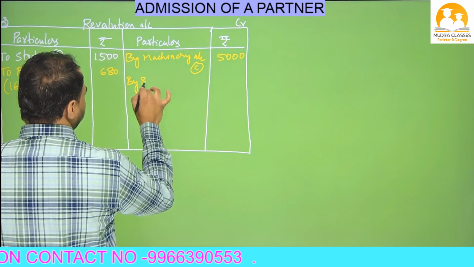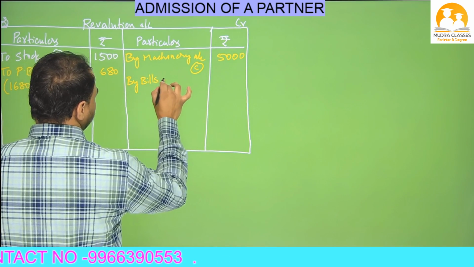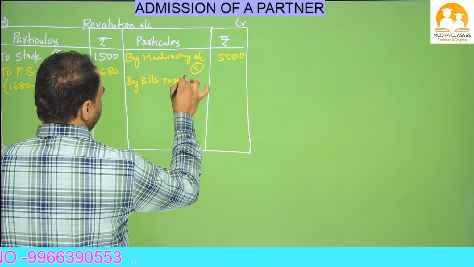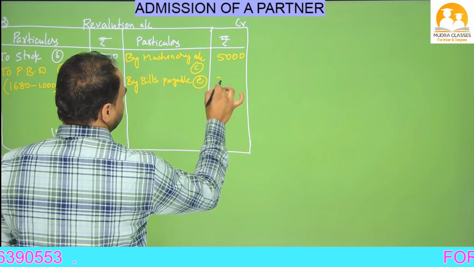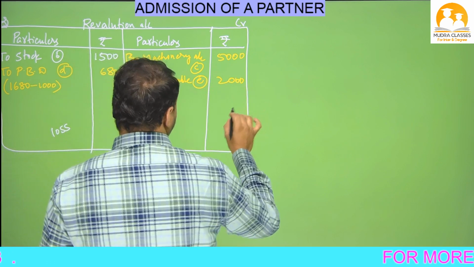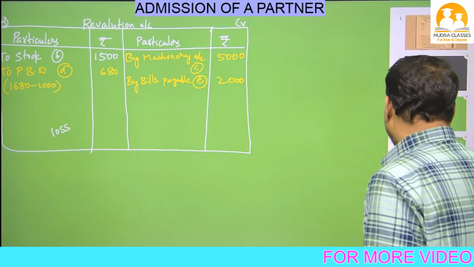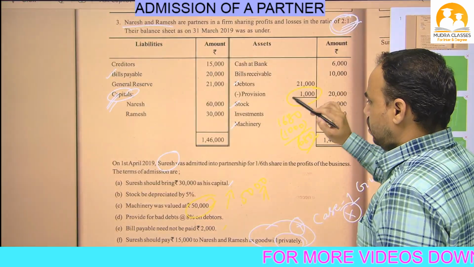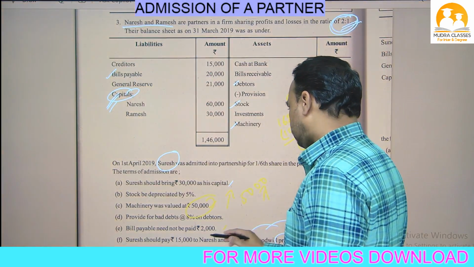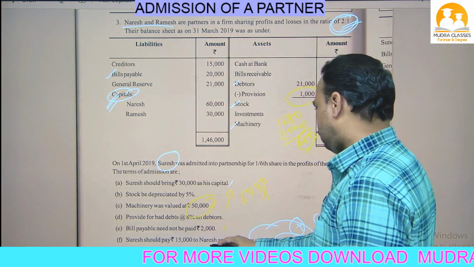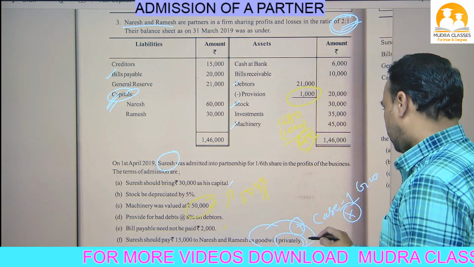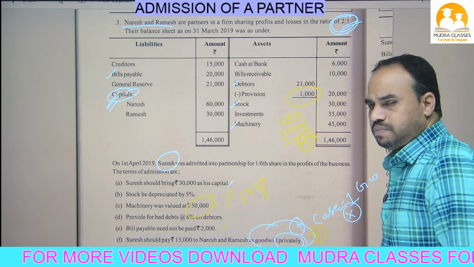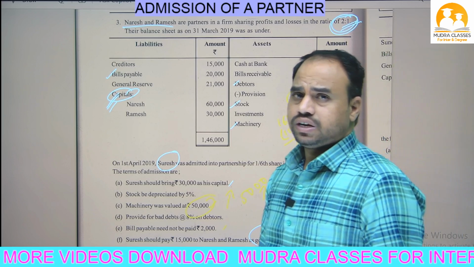By bills payable, adjustment for E, amount 2,000 rupees. Okay, right. Now with this almost we completed all adjustments. F adjustment, Suresh should pay 15,000 to Naresh and Ramesh for goodwill, privately said, Nana. Privately means we no need to write any journal entry for goodwill.